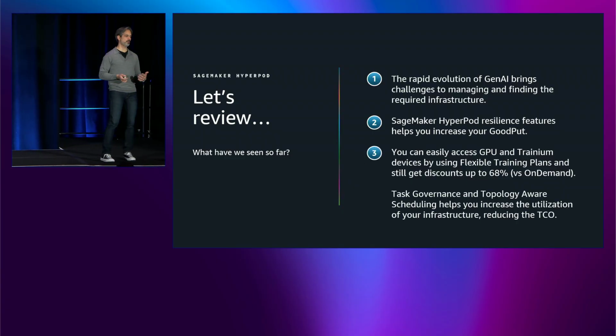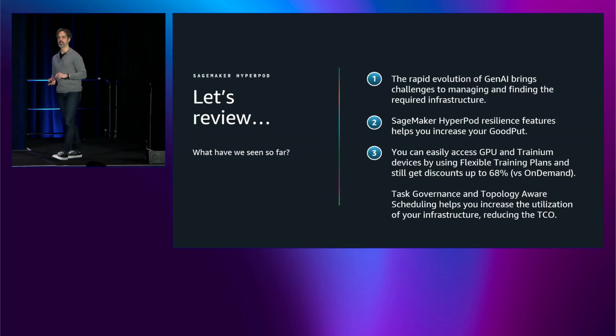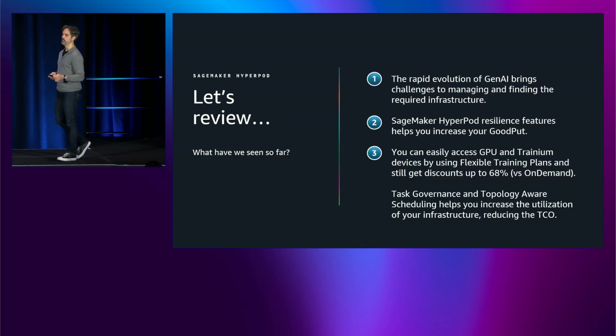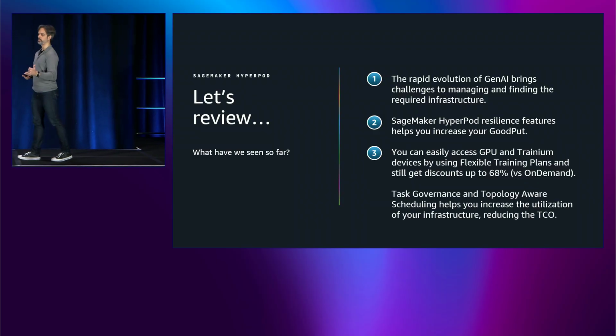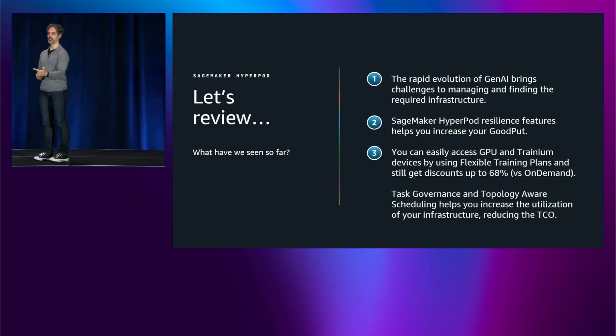The other thing is you can easily access GPUs by using flexible training plans. One advantage of using a training plan is that you get up to 6-8% discount versus on-demand pricing. So you reserve capacity through a flexible training plan, you plan that capacity, and you also get some discounts.